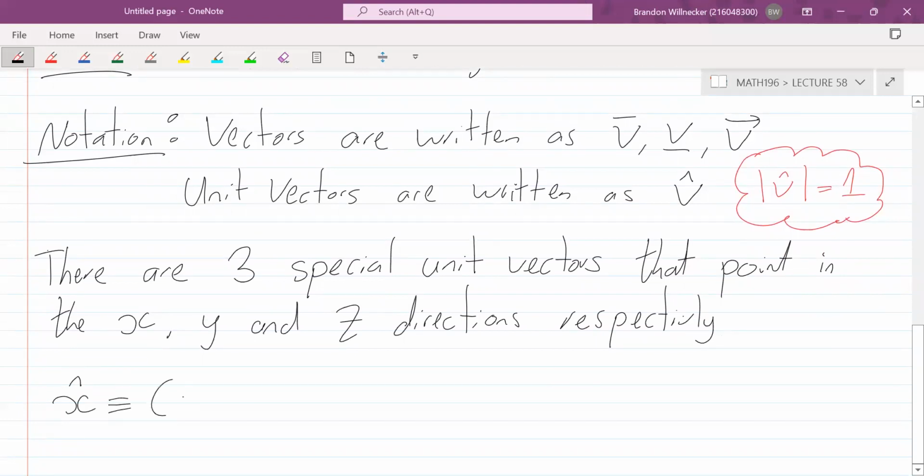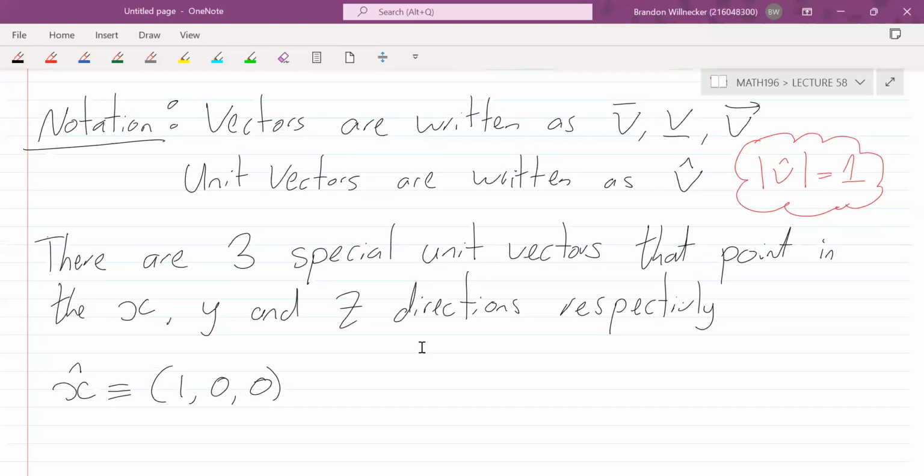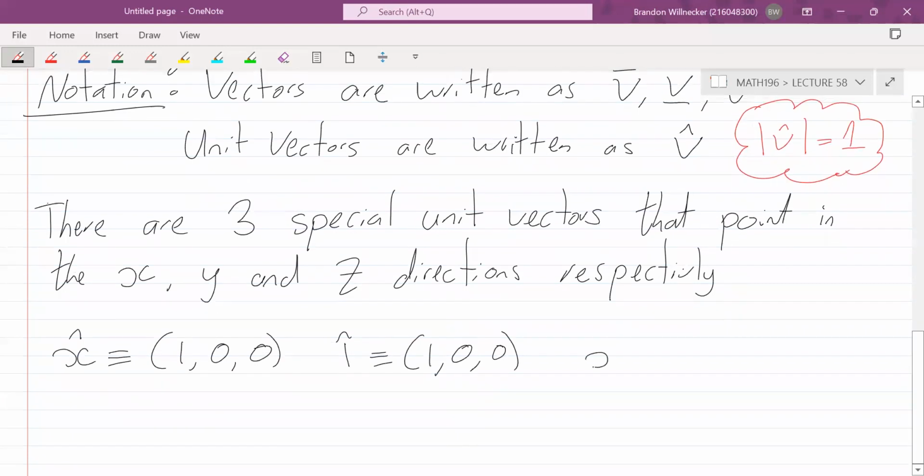This is given by 1, 0, 0 in R3. In R2, it would just be 1, 0. Sometimes we call it I hat, and that's the same thing, 1, 0, 0. So going along the X-axis, that's the unit vector in that particular direction.